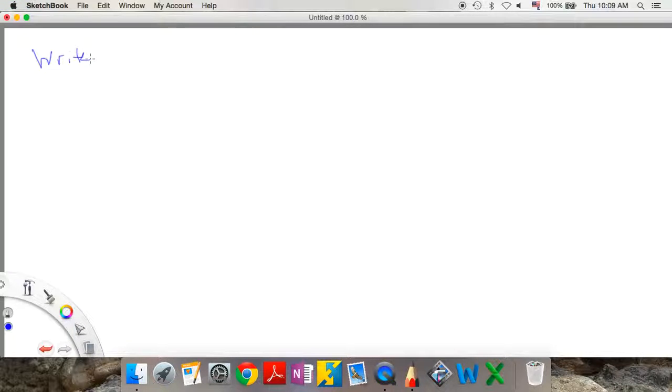Let's say I ask you to use those translations to write a function. So a step function is a greatest integer function.